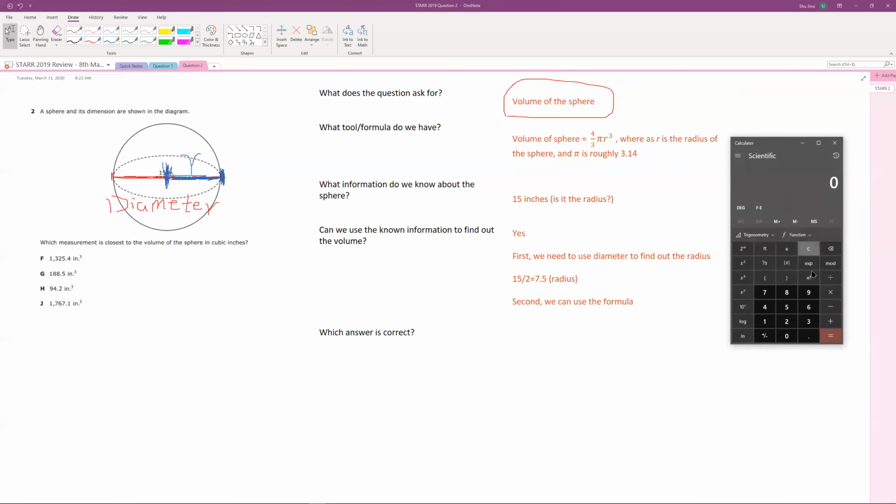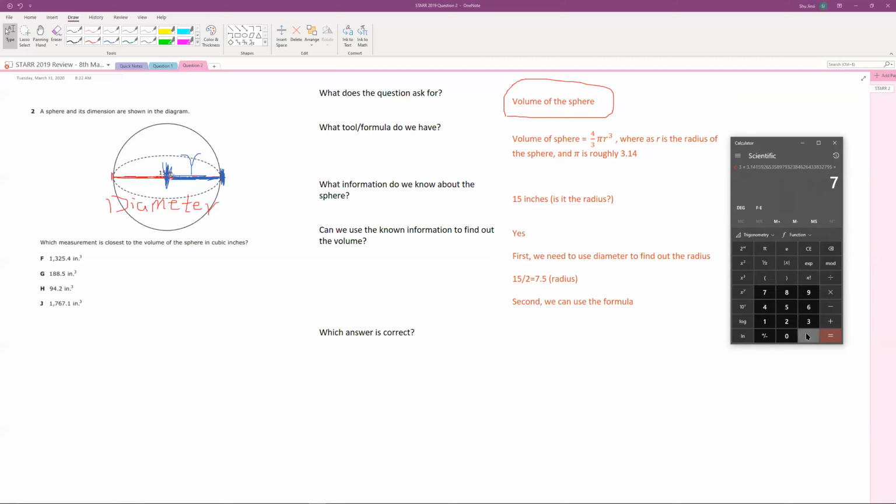First, if you have a good calculator that has all the advanced functions, we can do it this way. So 4 divided by 3, then times pi. If your calculator has a pi button, you can just press pi, and then times r cubed. R is 7.5, so that's 7.5 cubed.